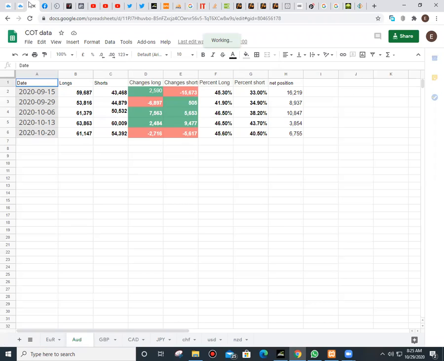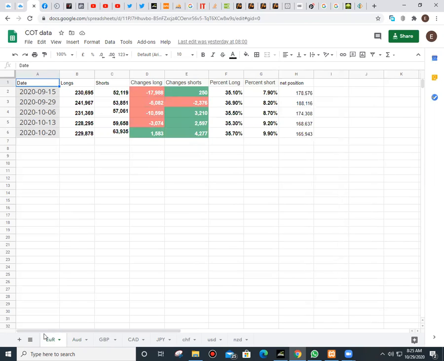I save it in my drive. You can see over here there is Euro, Aussie, GBP, CAD, JPY. You have analyzed Euro JPY. You come here. First of all, before using the COT data, when you're coming here, come as a big bank.